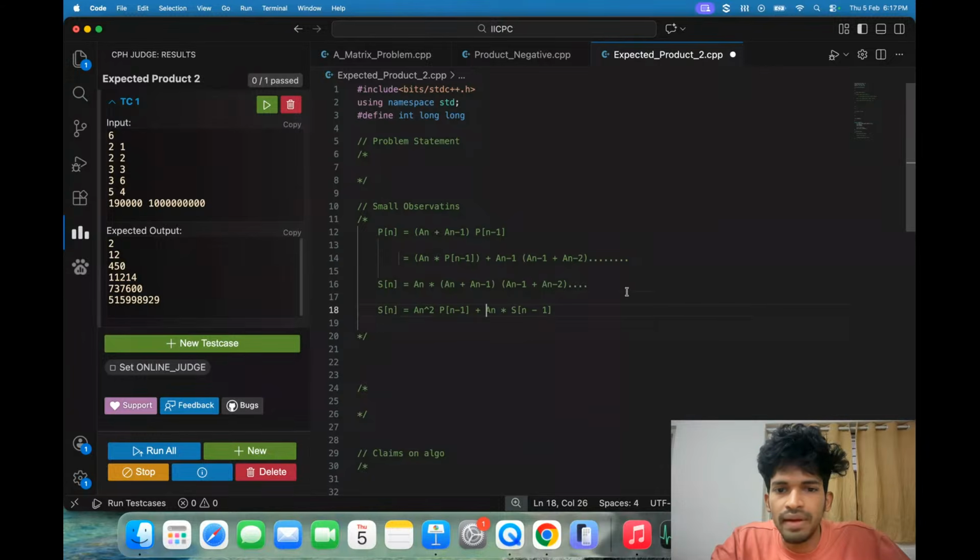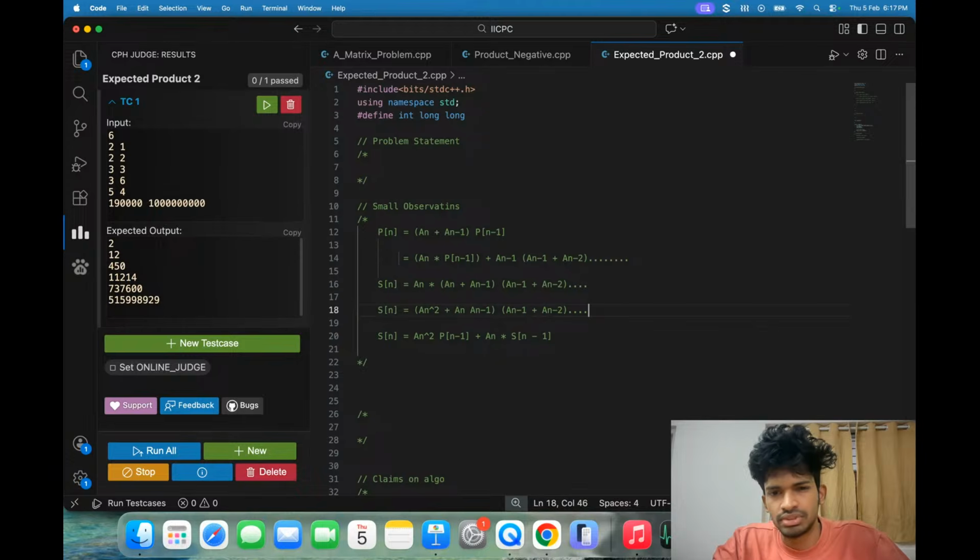So if you expand this thing, this is pure luck, I guess. This is the product. So an squared times the product, which is Pn minus 1, and then an times an minus 1 plus an minus 2 and so on. So that is nothing but Sn minus 1, right?